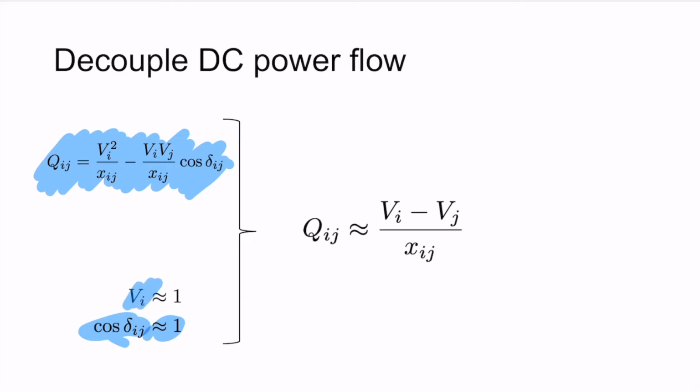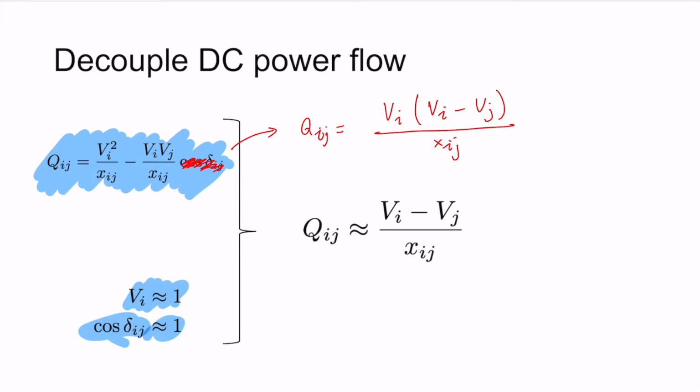And voltage also we can consider approximately equal to 1, but not for all terms. Let's work with this. This Qi is equal to Vi minus Vj divided by Xij after crossing this term.